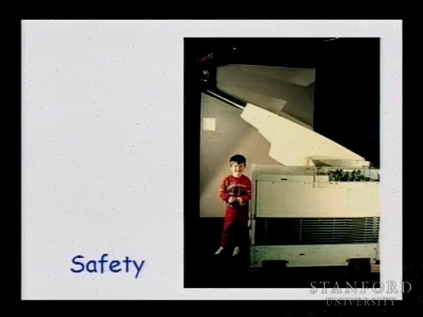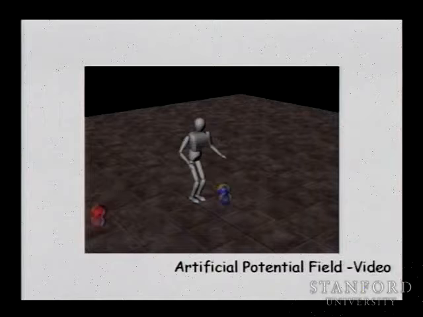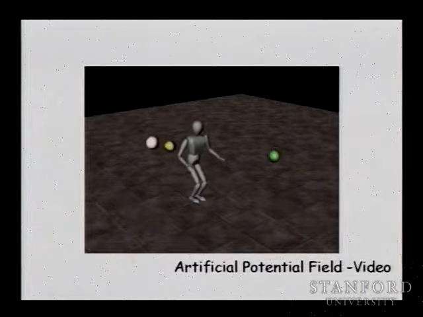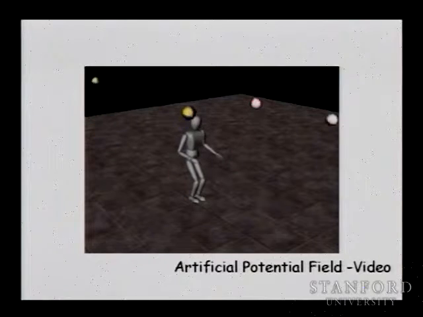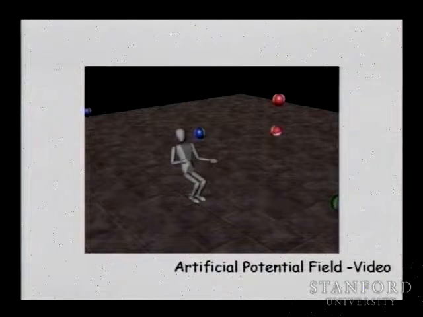And there is, in this video, you can see how a complex robotic system is reacting here to obstacles that are coming at it. It's moving away from those obstacles. And this is simply done by using the same type of concept that I described for moving to a goal position.